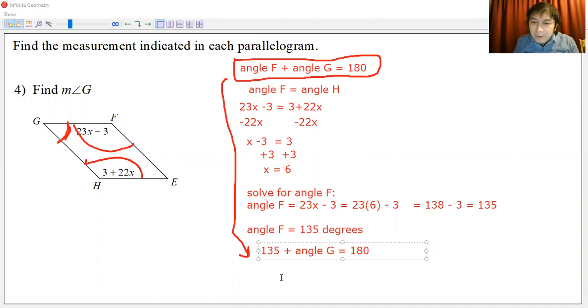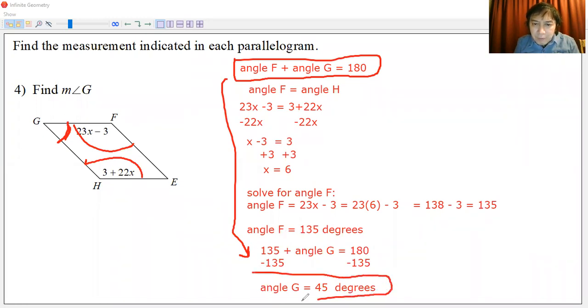And so we subtract 135 from both sides. So we will have minus 135 here and minus 135 there. And we have angle G, which must be equal to 45 degrees. So our answer is 45. That's our angle G.